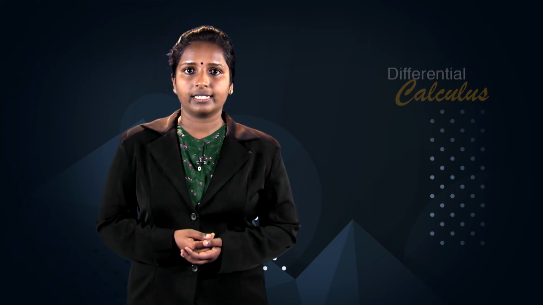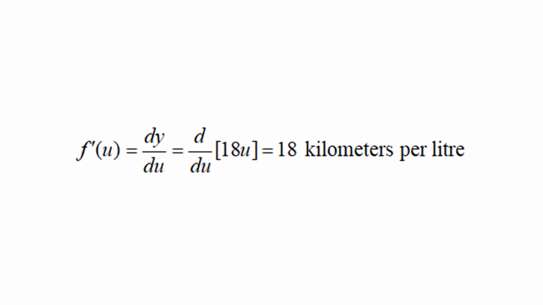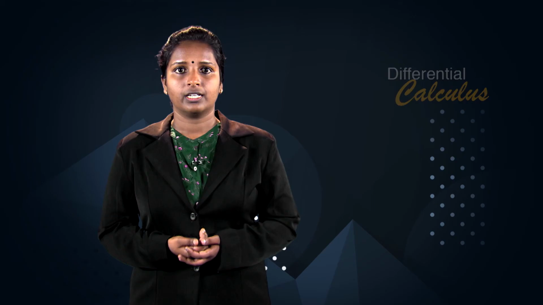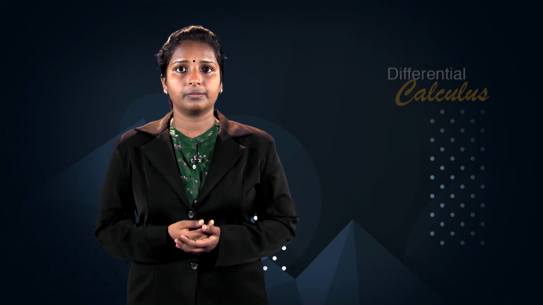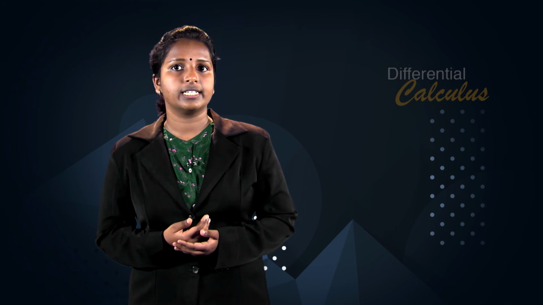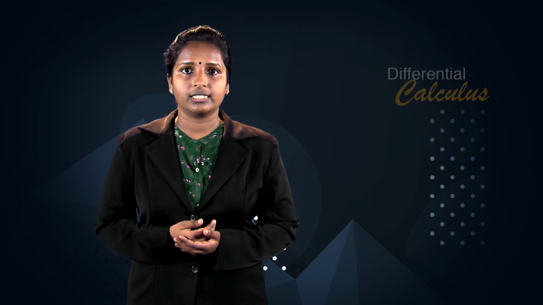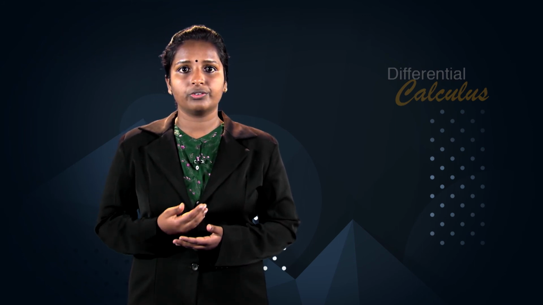Now, by applying the constant multiple rule, we obtain f′(u) = dy/du = d/du of 18u = 18 km per liter. That is, 18 km per liter of petrol is the rate at which your mileage changes with respect to the amount of petrol you use.